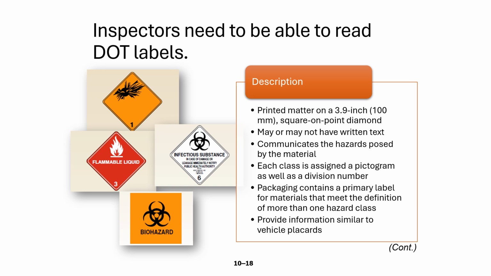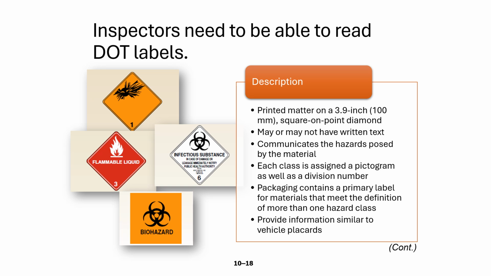So looking at primary labeling, we're looking at the numbering system and the color, that all paint the picture of what type of hazard has been identified to be on a vehicle or stored somewhere.